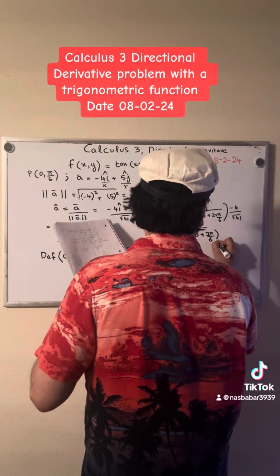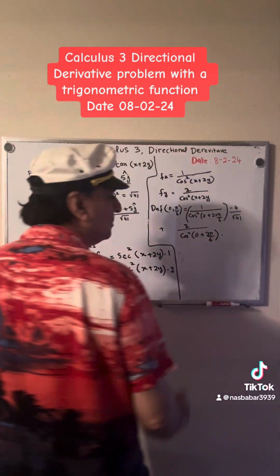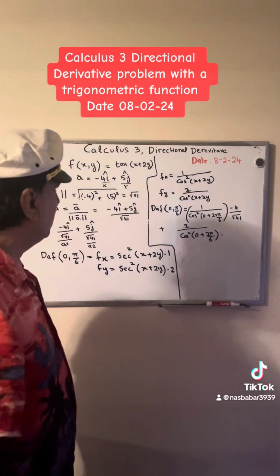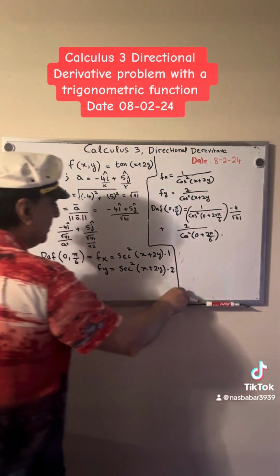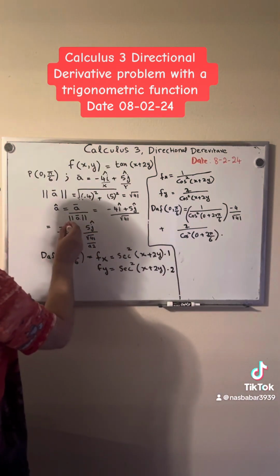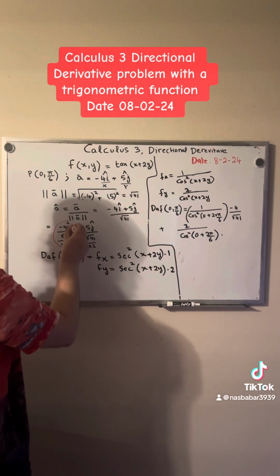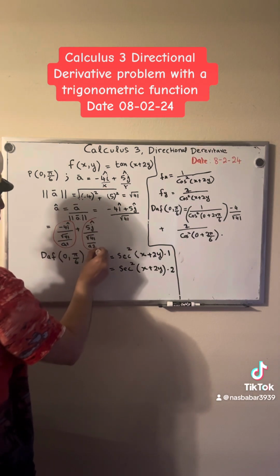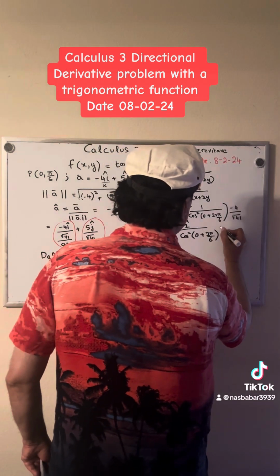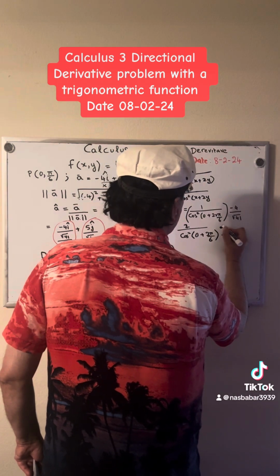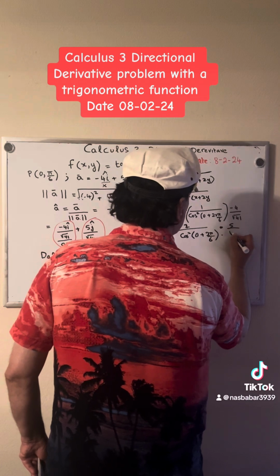What will this be multiplied by? The y component. What is the y component? This right here, just circle that. This is the x component, a1. This is the y component. So I'm going to multiply that by 5 over the square root of 41.